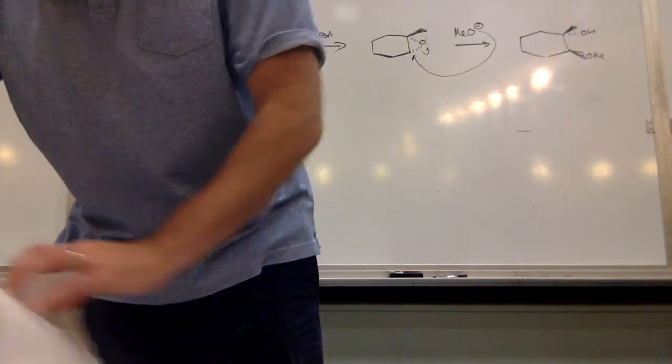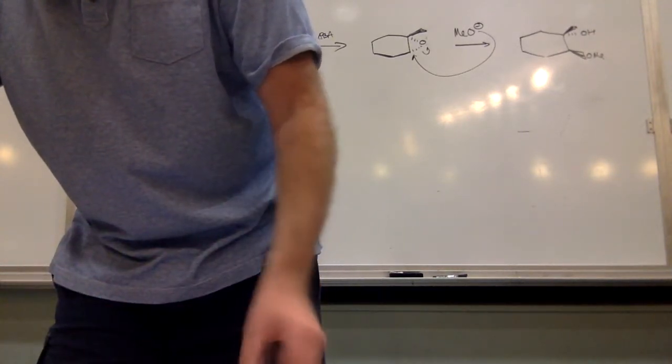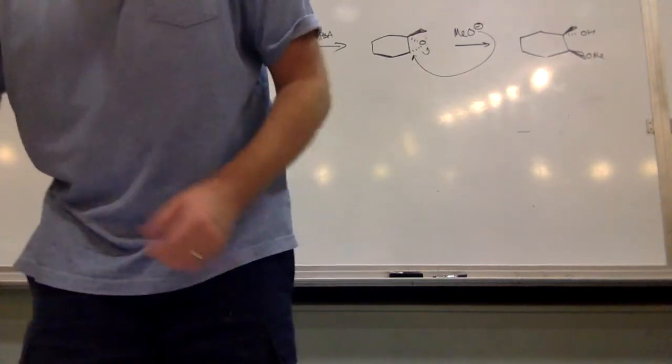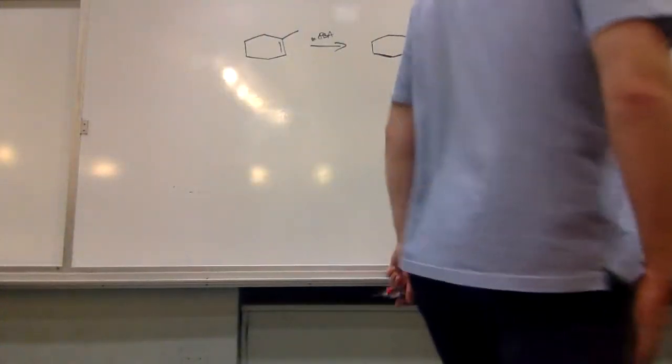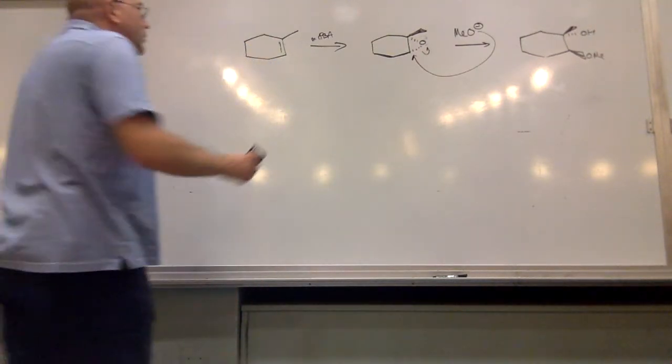All right, so let me just finish with sulfides. The last thing that we'll discuss will be sulfides. If you look on the periodic table, you'll see that right below oxygen is sulfur.